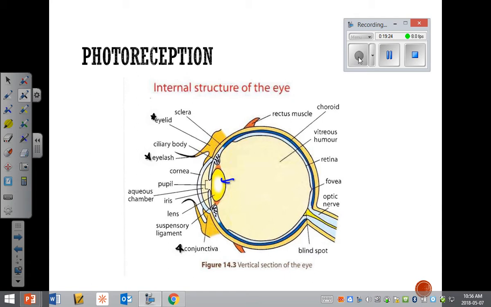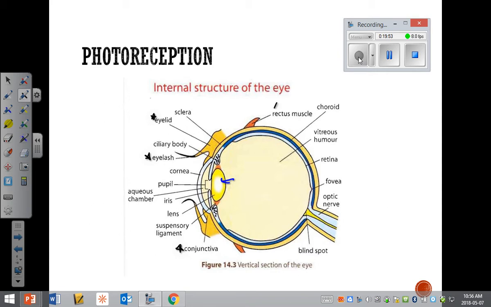Another structure that, although it is important, isn't one that's listed that you specifically have to know about. If they were going to ask you something about the conjunctiva, they would have to tell you what it is and give you some context. The conjunctiva is near the bottom of your eye. It's really important in terms of tear formation and pressure in your eye. But those three structures at the front of your eye, I wouldn't expect you to have to memorize the function for.